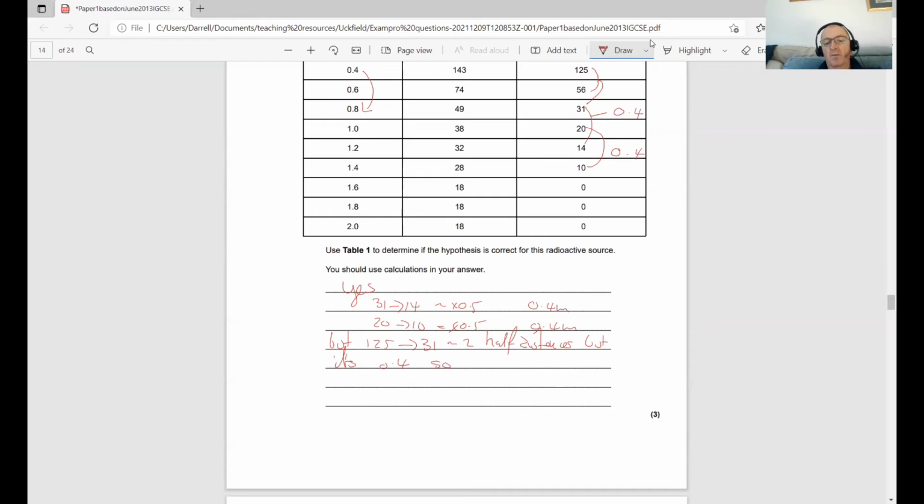So no. I would say no, because although those two seem to fit, if we did 125 to 31, which is basically two half distances, it doesn't, because that's also 0.4. So no.